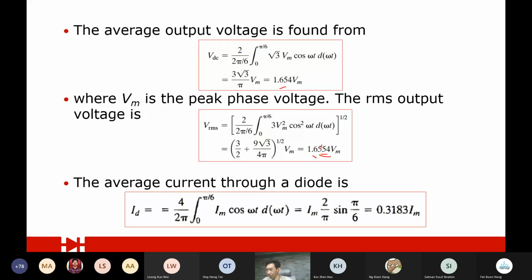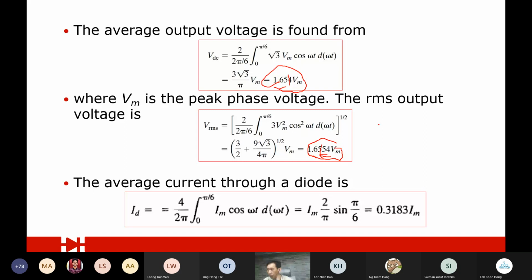If you put only up to this digit, they will be exactly the same, which means you have 100% conversion efficiency, which is not true. So just make sure that you differentiate the difference in terms of decimal numbers in your exams.